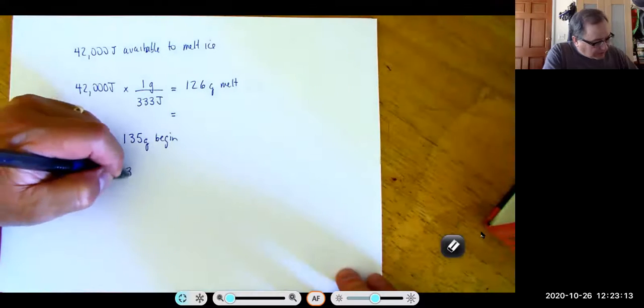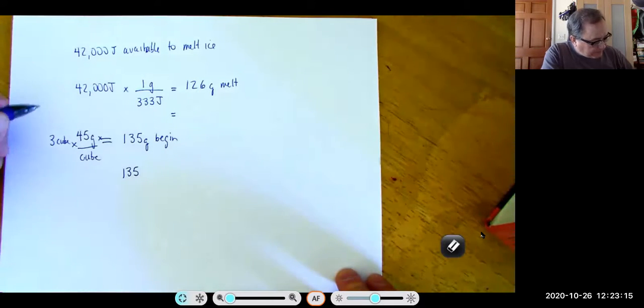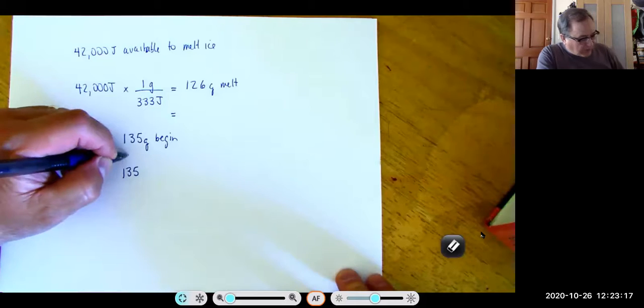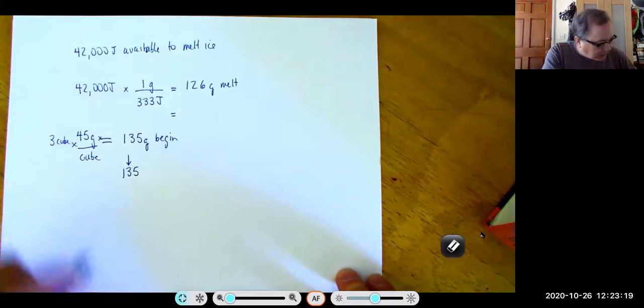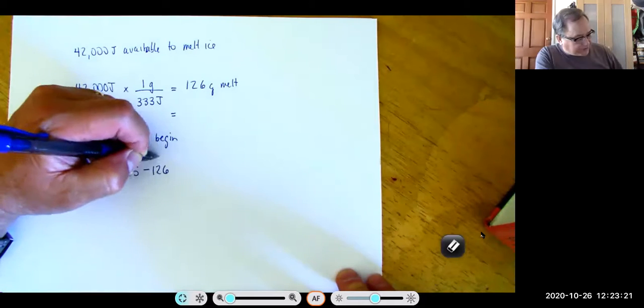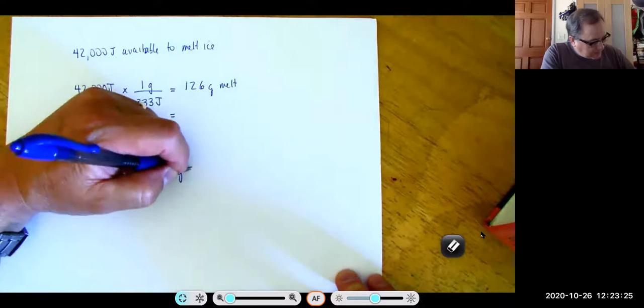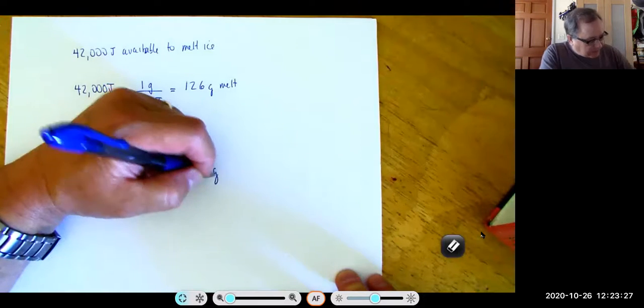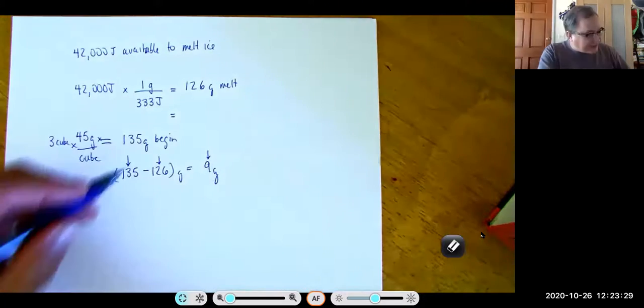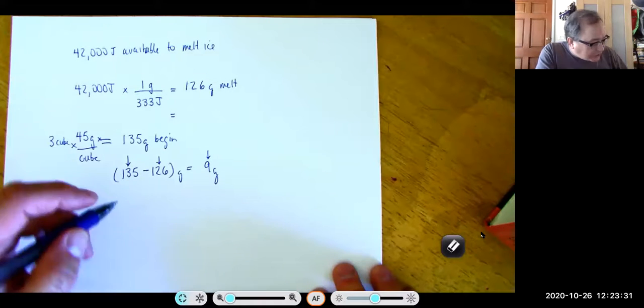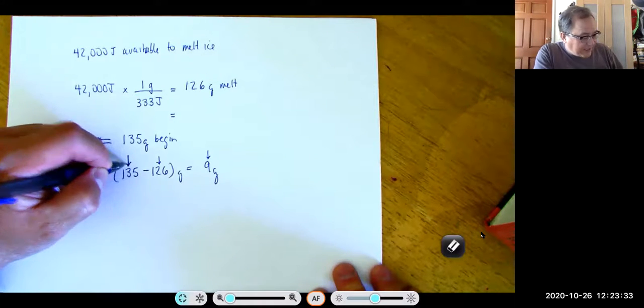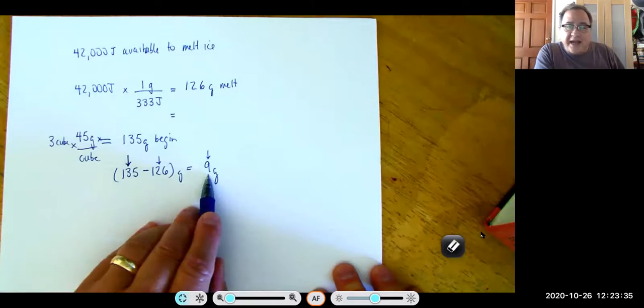So we have 135, and this is good to the 1,3, right? Minus 126, and that's good to the 1,2. So here, this is technically only good to the tens. And so this 9 doesn't count.